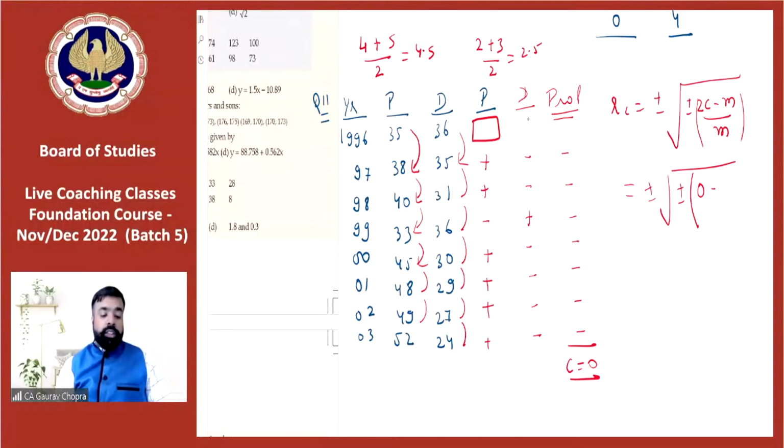So how many deviations are there? N is equal to 8. So M will be 8 minus 1, that is 7. So we can write 0 minus 7 upon 7. So 7 by 7 is 1, and we have to take negative sign at all places. So the result will be minus 1.